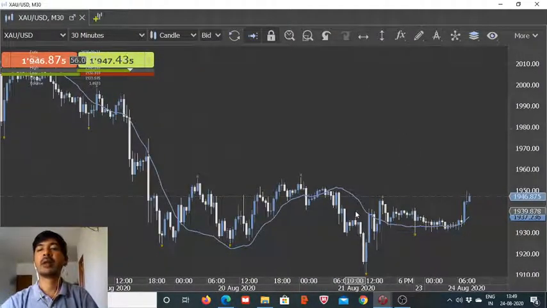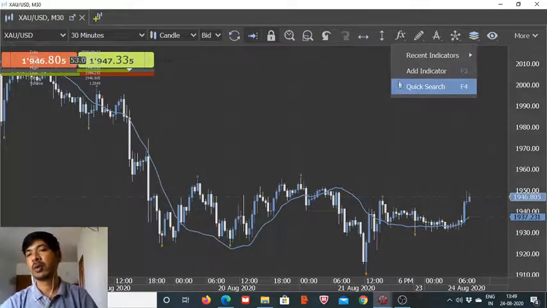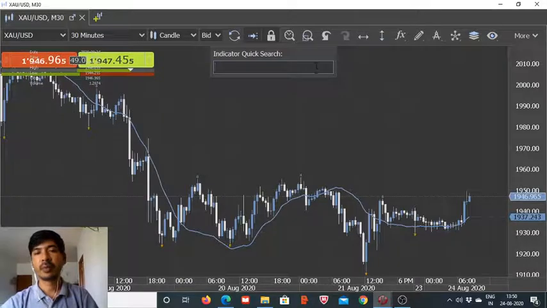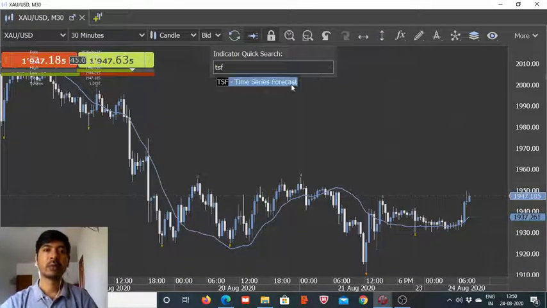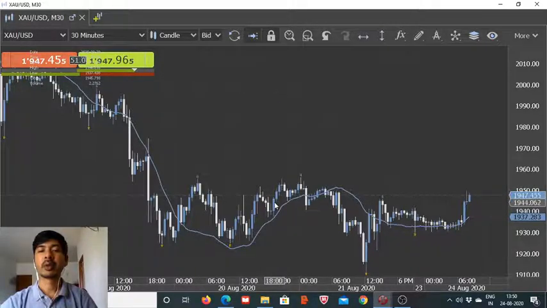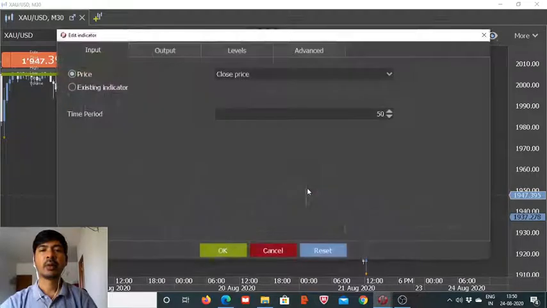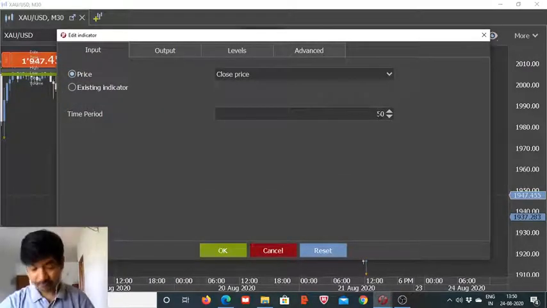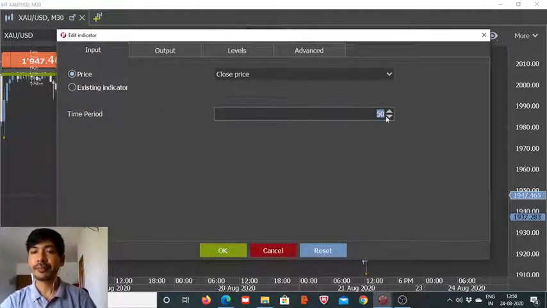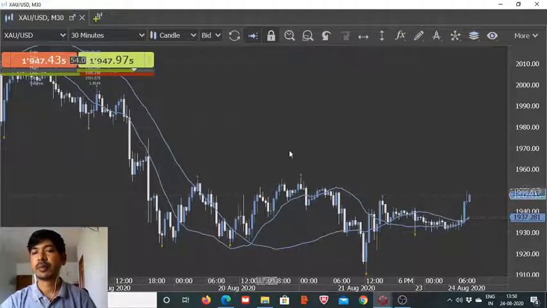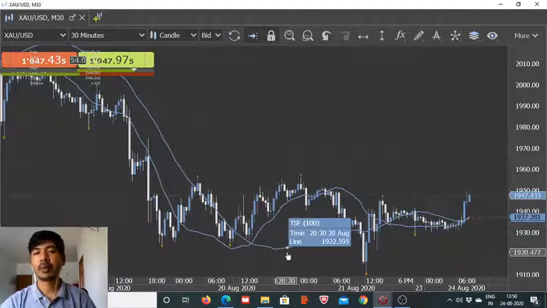Suppose now this TSF is of 50, if I plot a new TSF of 100, let us edit this. So here we can use this crossover kind of setup.